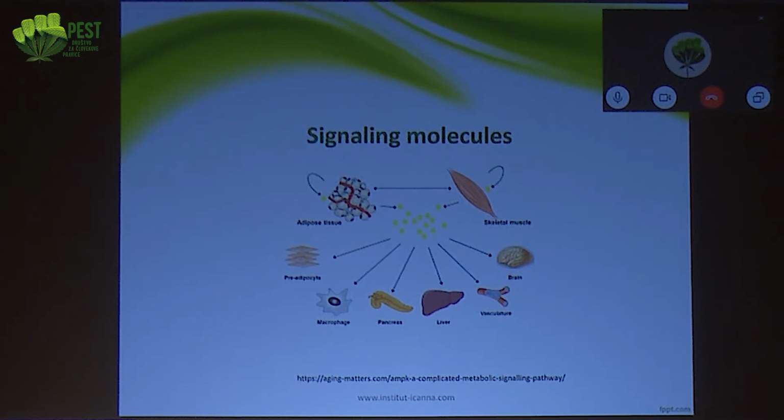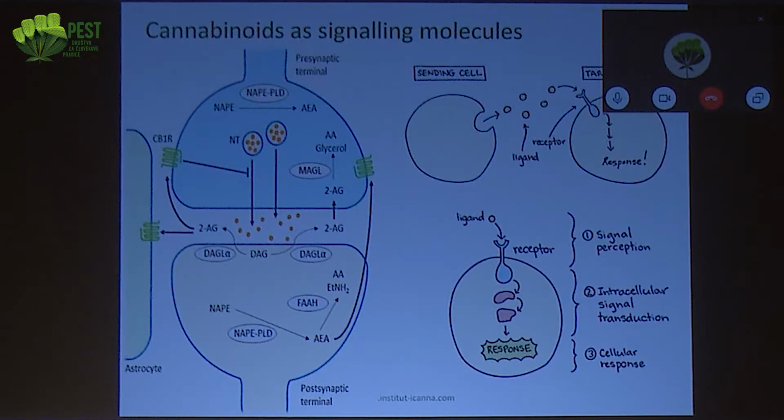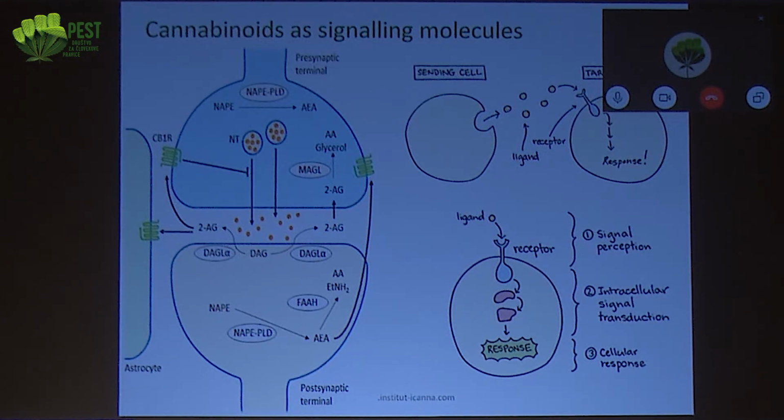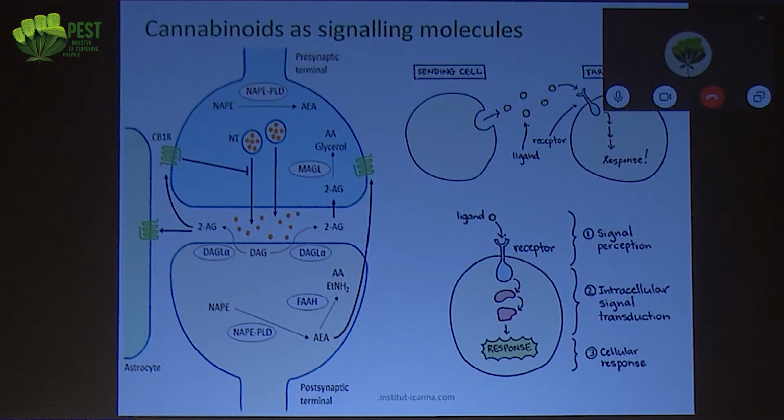For example, hormones are also signaling molecules, and cannabinoids, of course, are also signaling molecules. And cannabinoids are very well known as signaling molecules that help carry this message from one cell to the other cell.